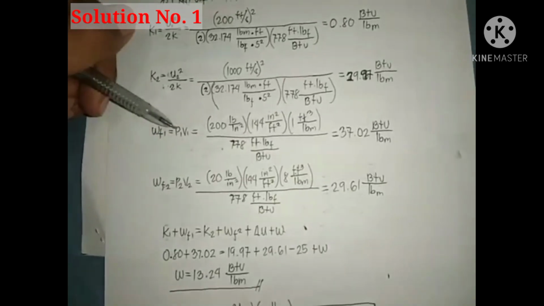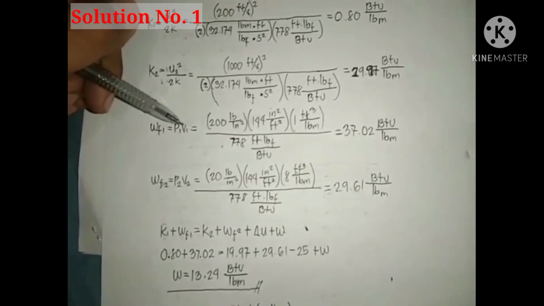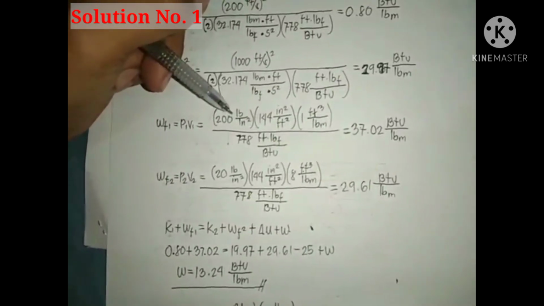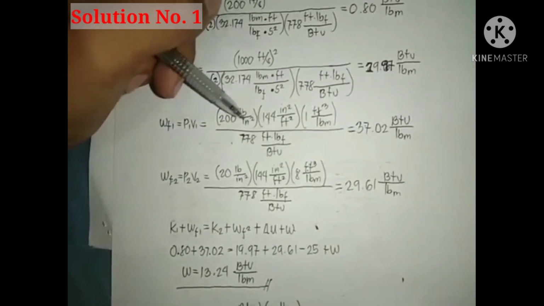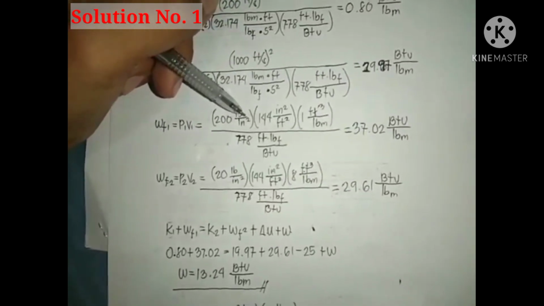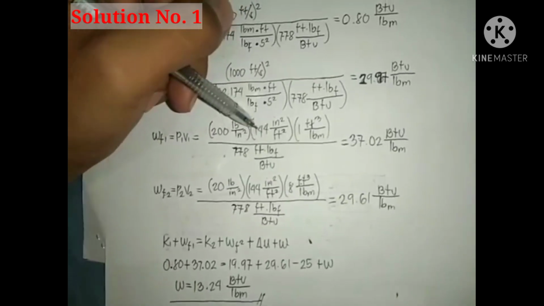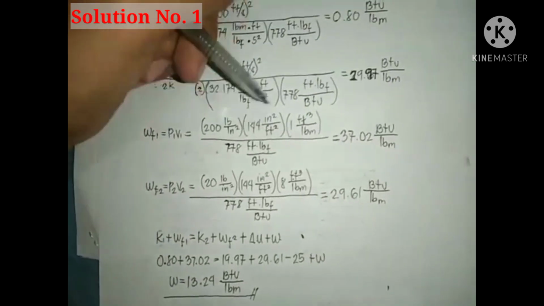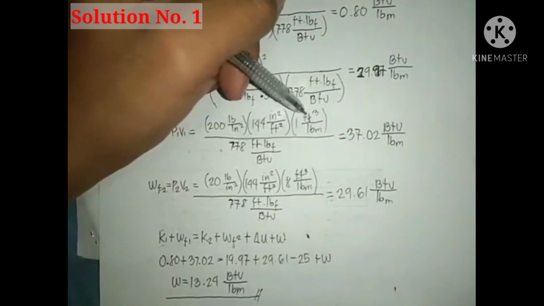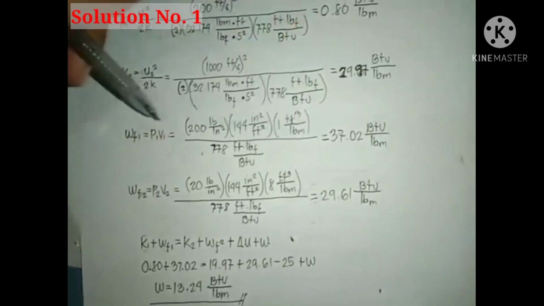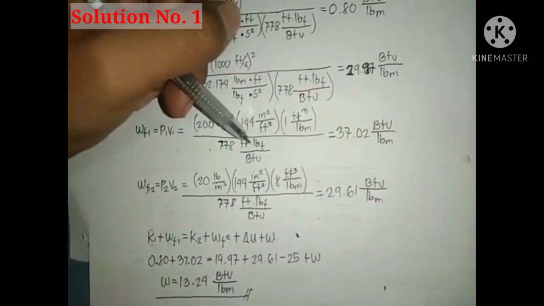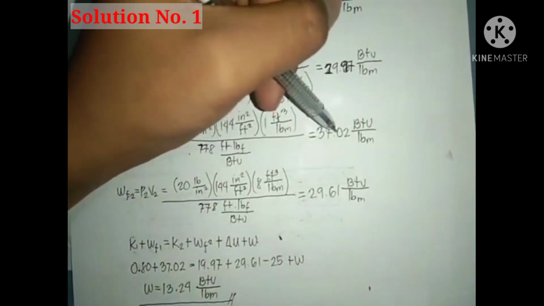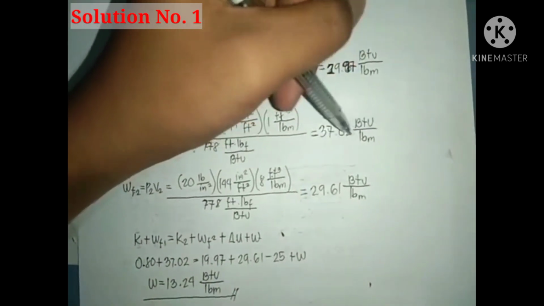Workflow 1 is equal to pressure 1 times volume 1, which is equal to 200 pounds per inch squared times 144 inch squared per foot squared times 1 cubic foot per lbm over 778 lbf foot over BTU, which is equal to 37.2 BTU per lbm.